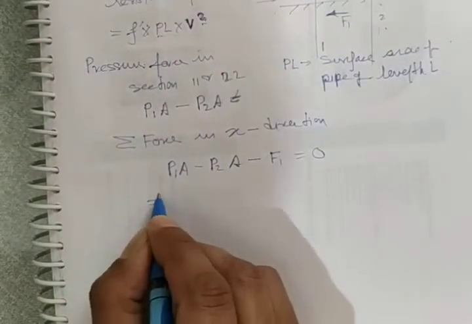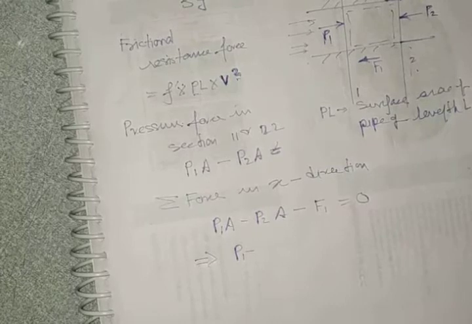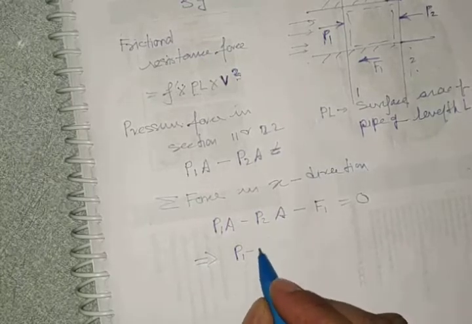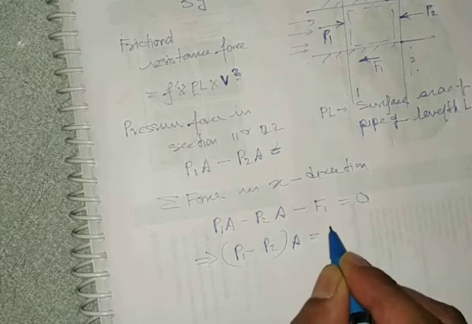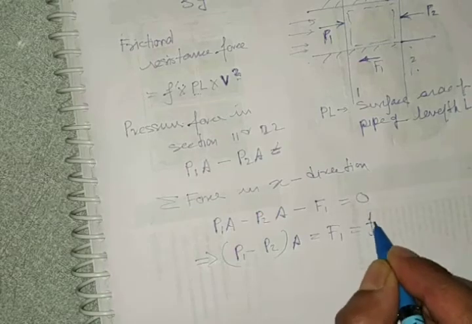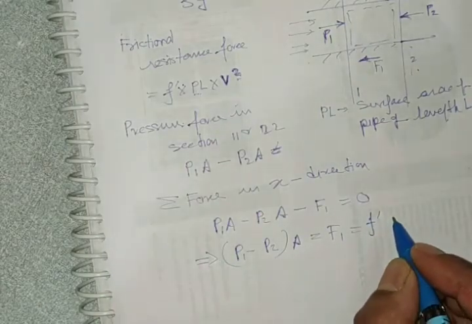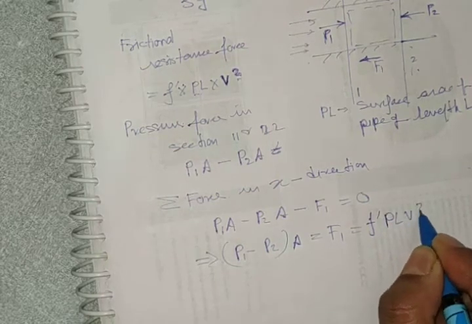Or you can write (P1 minus P2) A is equal to F1, where F1 is F dash P L V square.